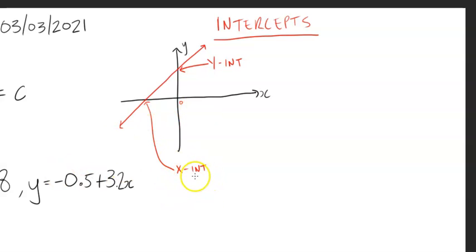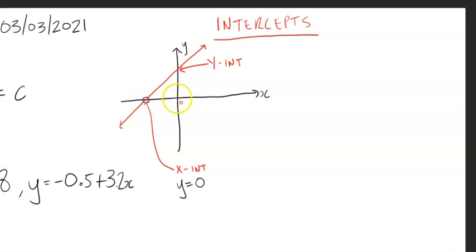The x-intercept will happen at this point here when y is equal to 0. So let's have a look at this specific area here. We can see that the line keeps going, and when it hits this point here, it hits this x value.